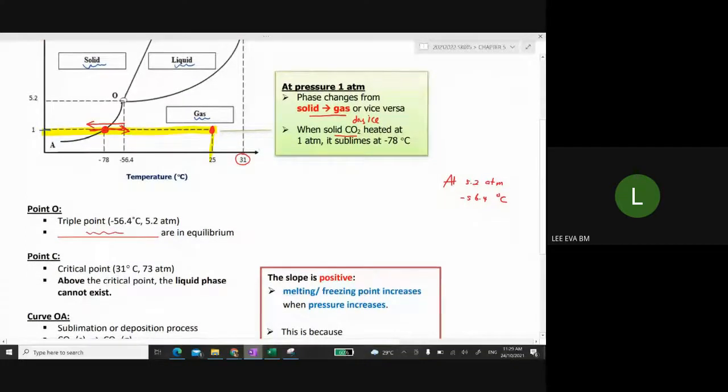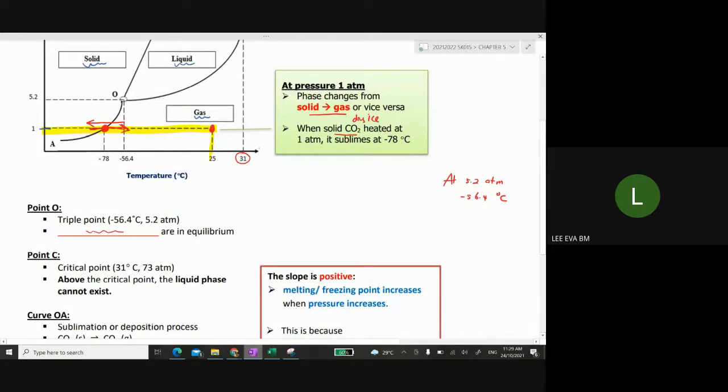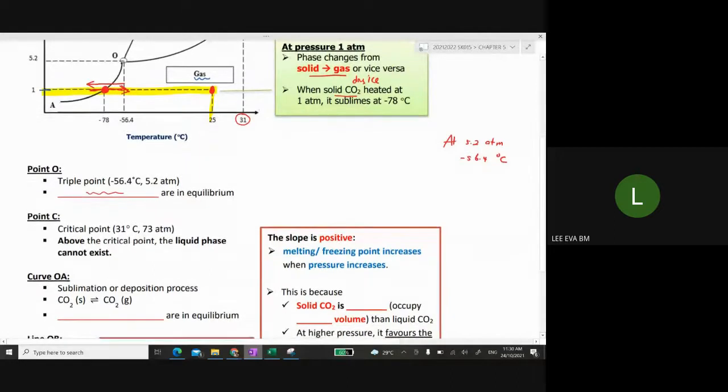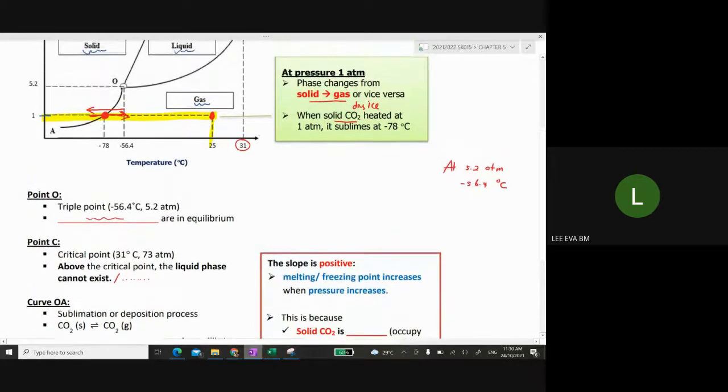You can also use the explanation just now: a gas cannot be liquefied, cannot be condensed, or there is no separation between liquid phase and gas phase. Or maybe you want to write that the liquid phase cannot exist. You get a lot of explanations here.